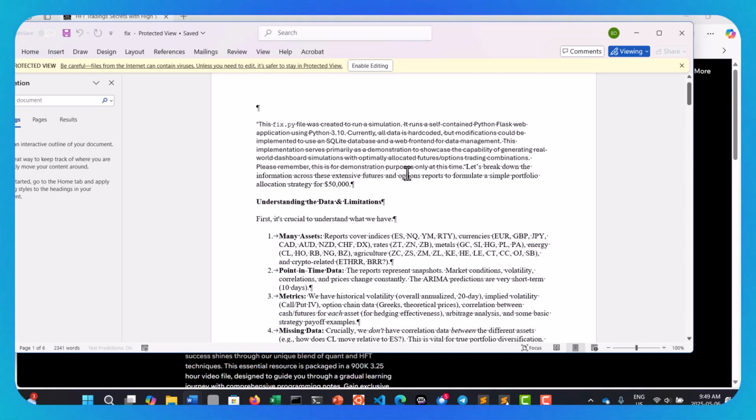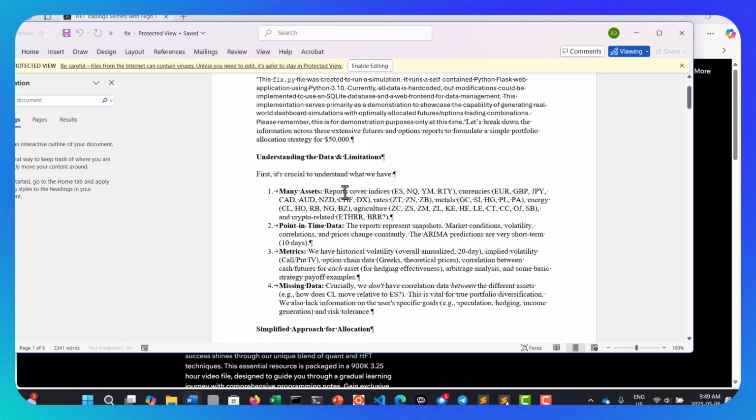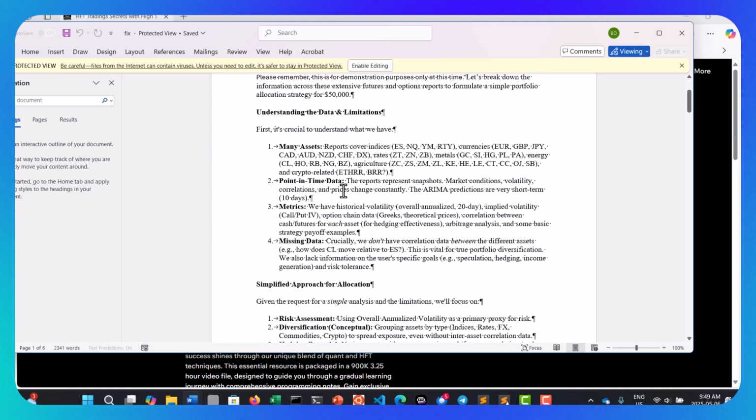Now again, this is for demonstration purposes only, and this is based upon this one summary report that I've stated here. So here's all the assets available. In here, I just want to highlight that we've got currencies, as I mentioned, the different rates, the metals, which are not looking pretty good either, energy products like oil, gas, heating oil, agricultural products here as well.